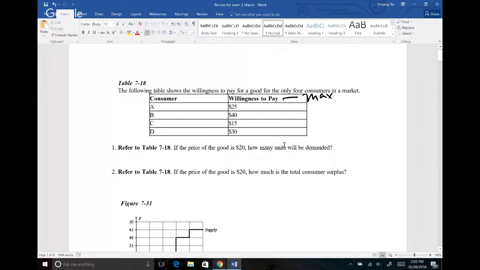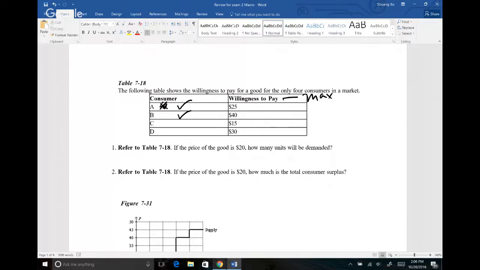Now at $20, consumer A wouldn't buy it. Well, I'm sorry, consumer A will buy it. If your willingness to pay is more than the price of the good, you will buy the good. So consumer A will buy it. And consumer B is willing to pay 40, so he will also buy it.